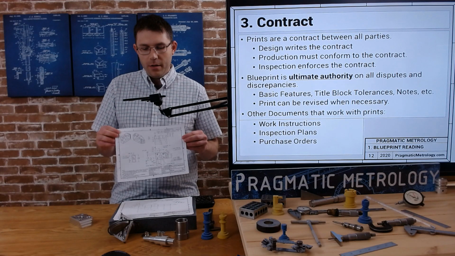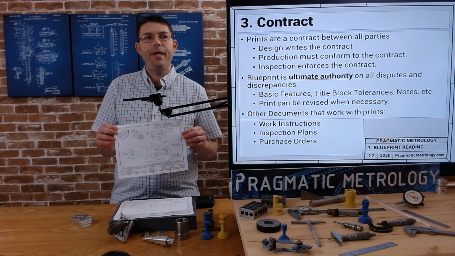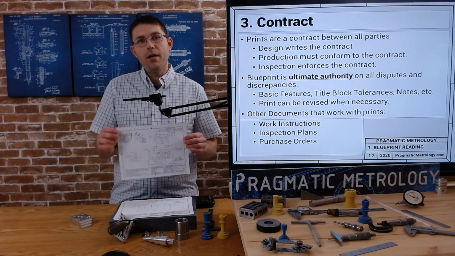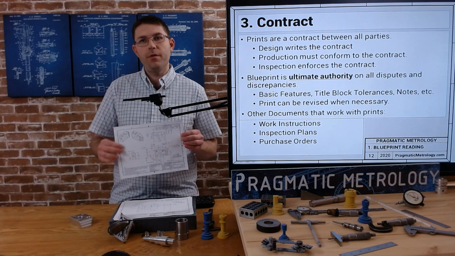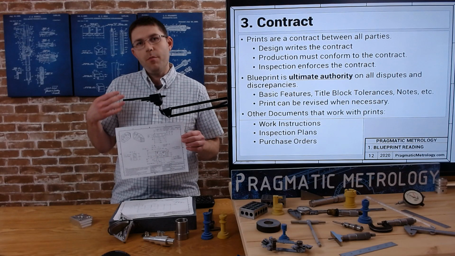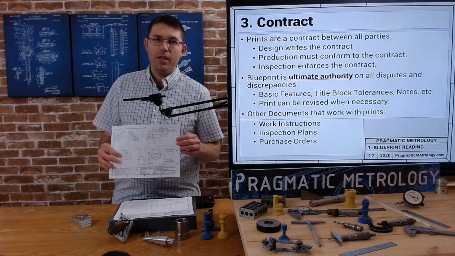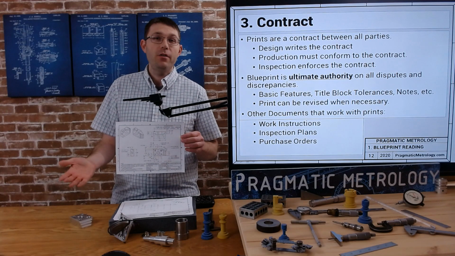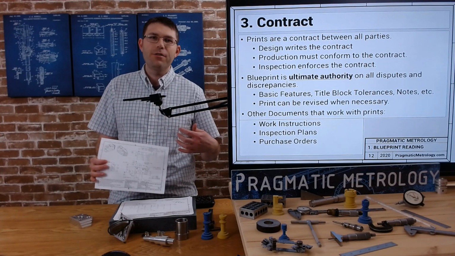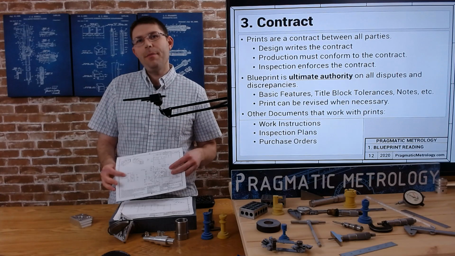But as I mentioned, you can make a print many different ways. And if the print starts off on a good foot, everybody else will follow along. But if the print starts out bad, it's going to be hard for production. It's going to make more work for quality as they're spending more time inspecting, not just because of bad parts, but also because these complicated callouts are requiring complicated fixturing and expensive and time-consuming inspections.